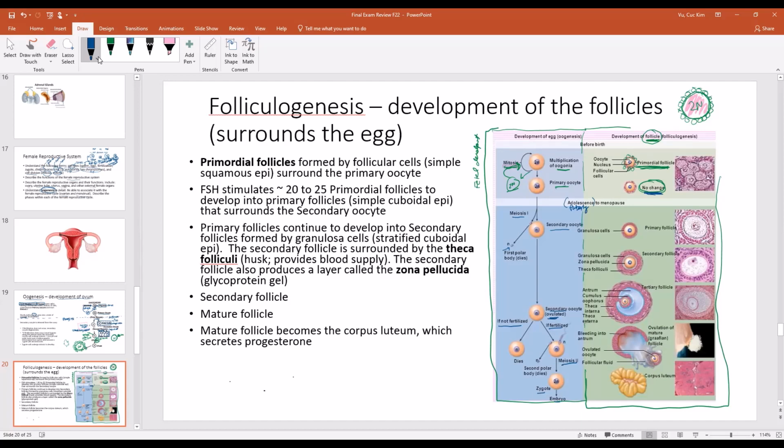Now we're going to add another layer to that. So once it becomes a secondary oocyte, remember at puberty, what's released again? Follicle stimulating hormone. Not only does it cause the primary oocyte to finish meiosis 1, but it's also stimulating what?